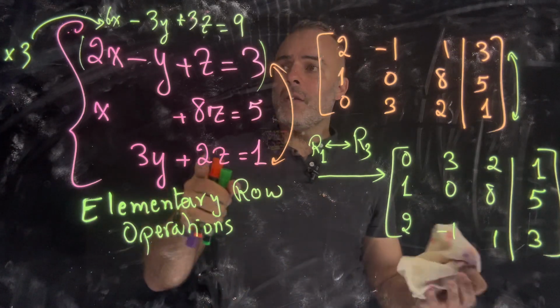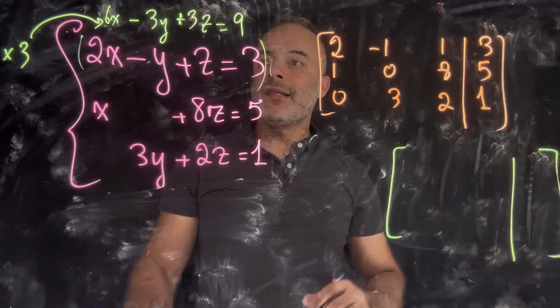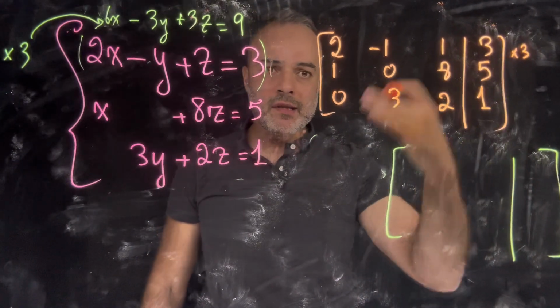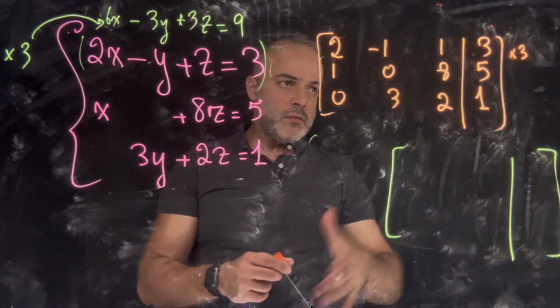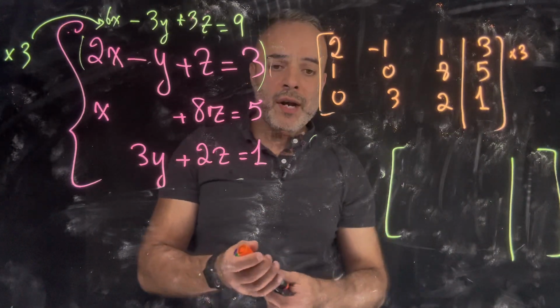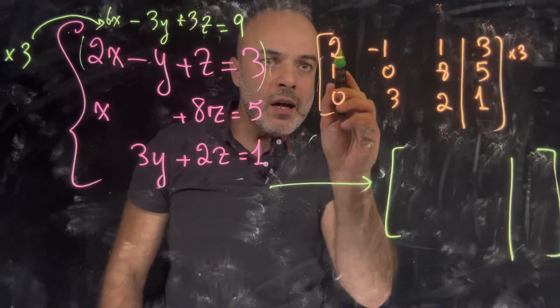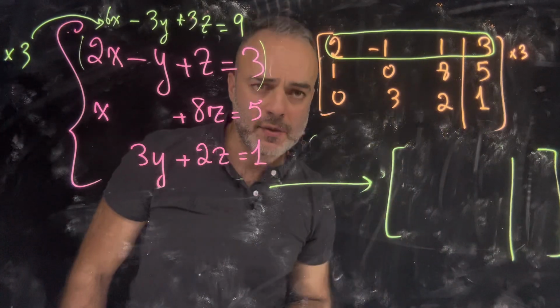So for example, let me copy the main matrix here again. Now let's say I want to multiply the first row by 3. Of course, you can multiply more than one row at the same time, but now let's just multiply one row. How would I write that? Here I want to change R1, the first row will be changed.